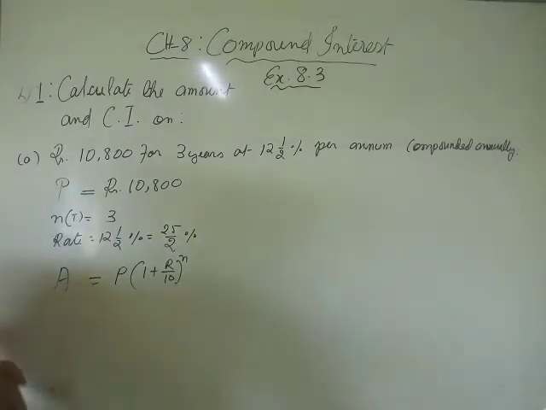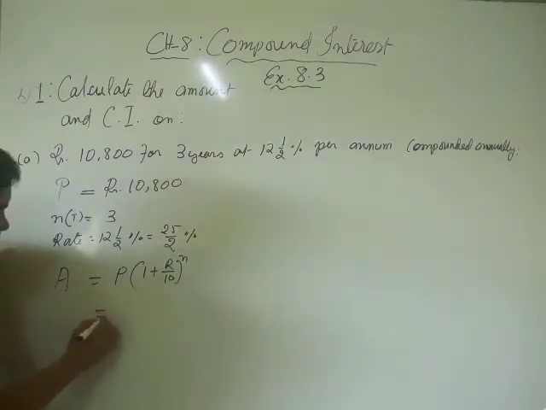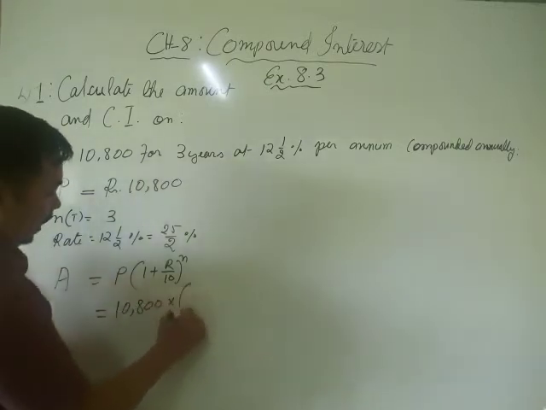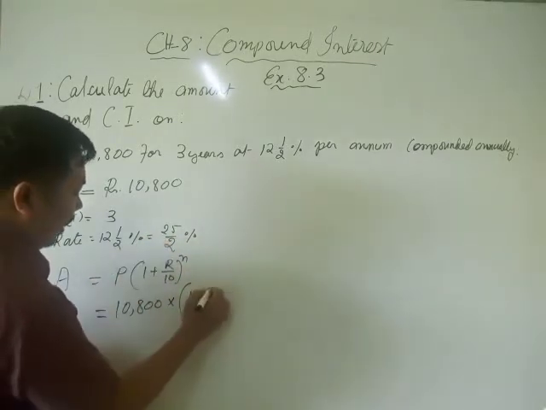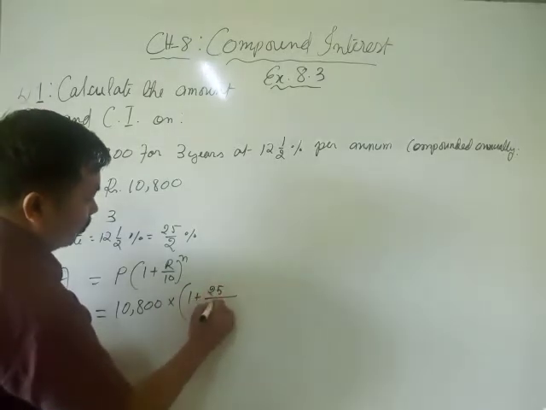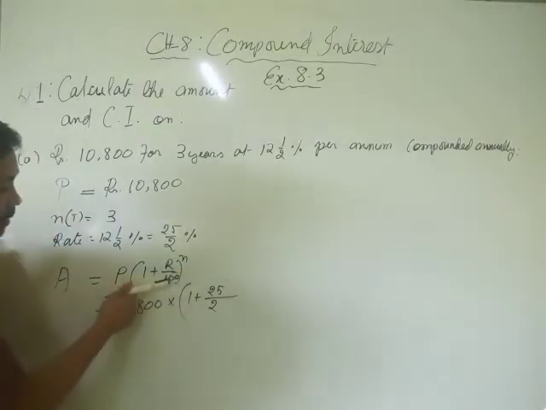Then from here we can find the interest. Amount we are going to find out now. So P how much? 10,800 into, in the bracket, 1 plus R, rate how much? Rate is 25 by 2, and sorry, this is not 1000, this is 100.